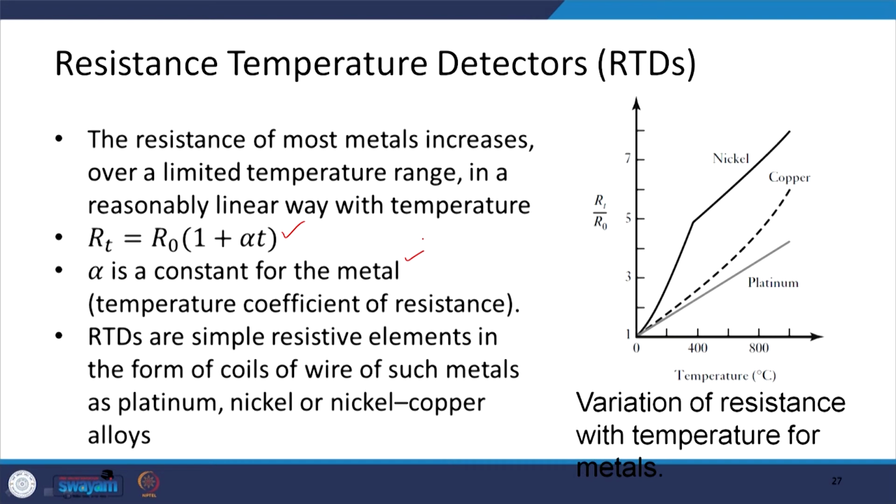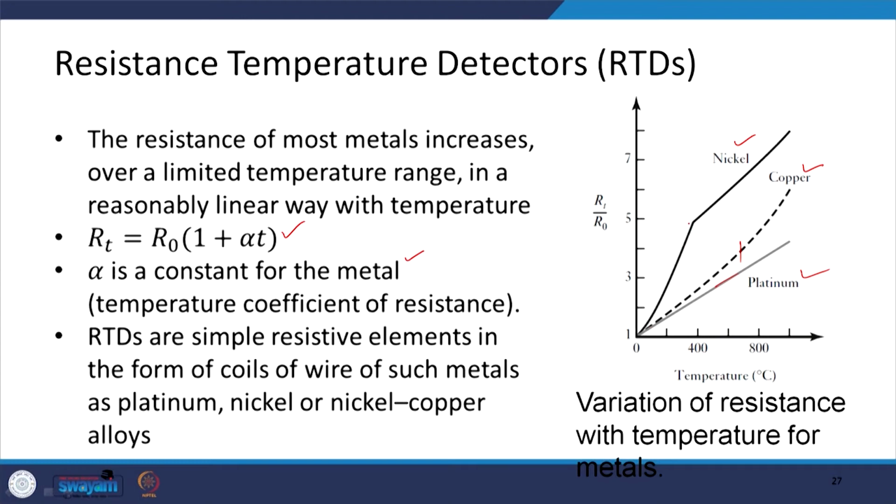Okay. So, here we can see the variation of resistance with temperature for some of the metals, it is shown here. You can see nickel, copper, platinum. So, for a considerable range you can see that for platinum you have almost a linear range, okay, and for copper there is some linear range up to some portion.